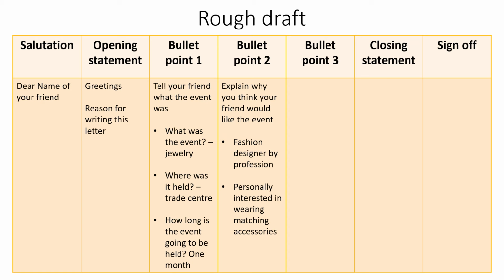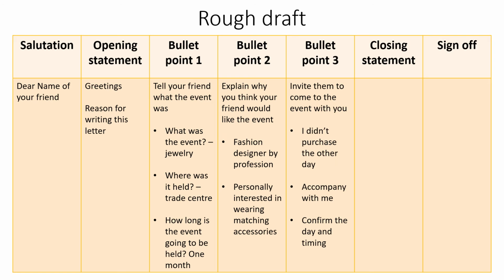Finally, we will have to address the third bullet point, that is, invite them to come to the event with you. So, I'm going to inform her that I couldn't purchase anything the other day, so accompany me and also ask her to confirm when we can visit the exhibition. The next component is the closing statement.